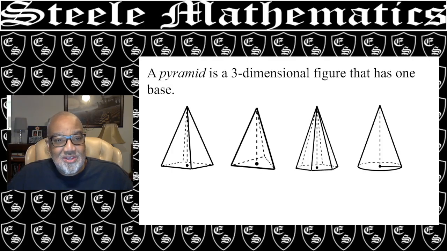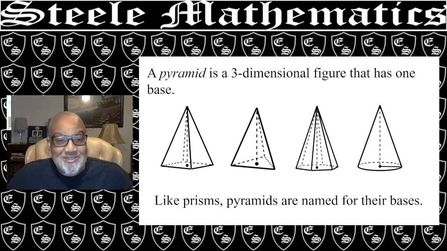So next, you have the pyramid, which has only one base instead of two. And just like the prism, pyramids are named for their bases. So like the first one is a square pyramid because the base is shaped like a square. Next, you have the triangular prism, or should I say the triangular pyramid, because the shape of the base is a triangle.